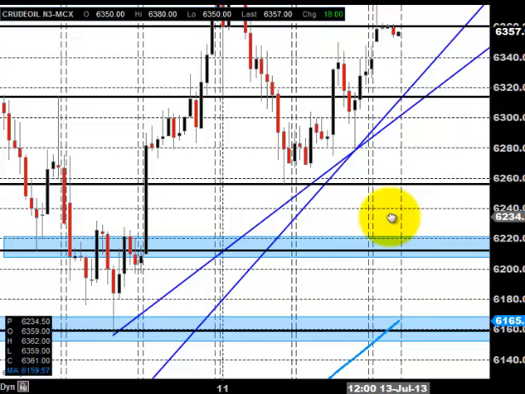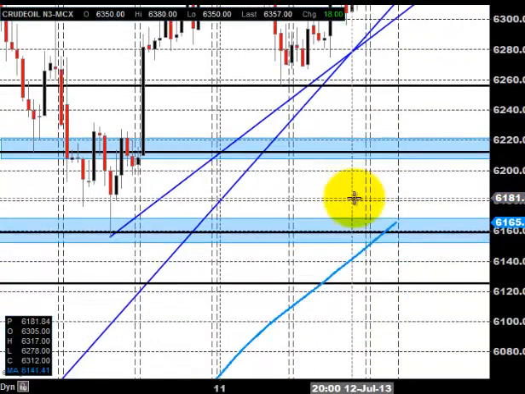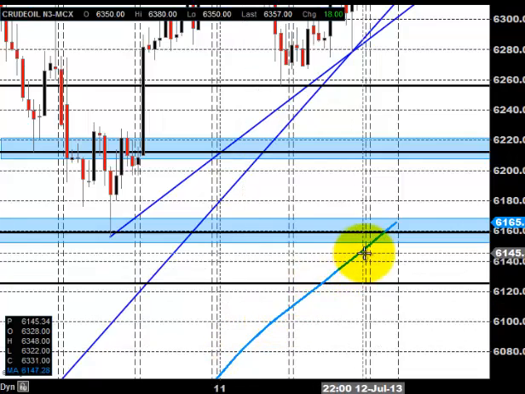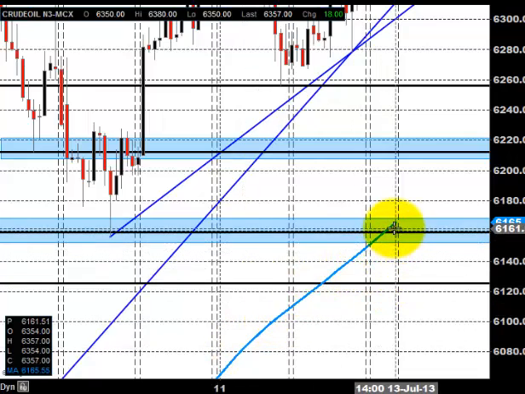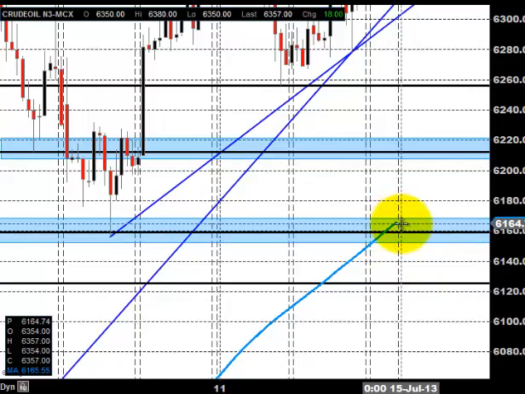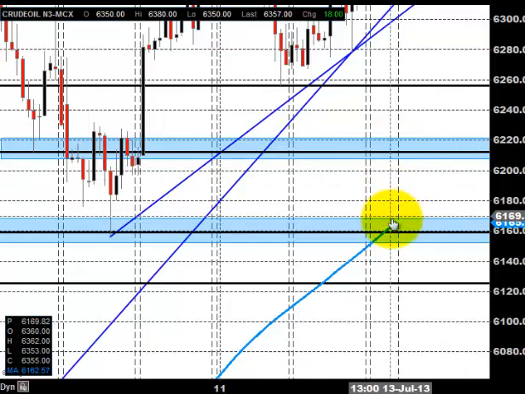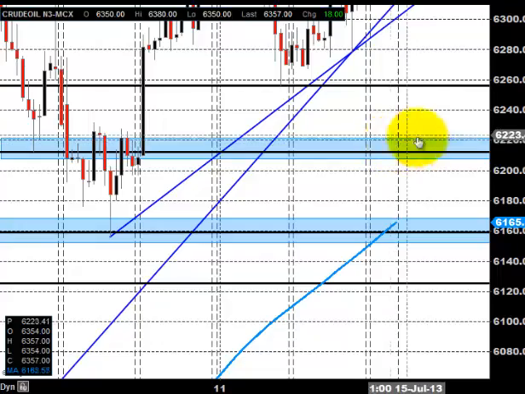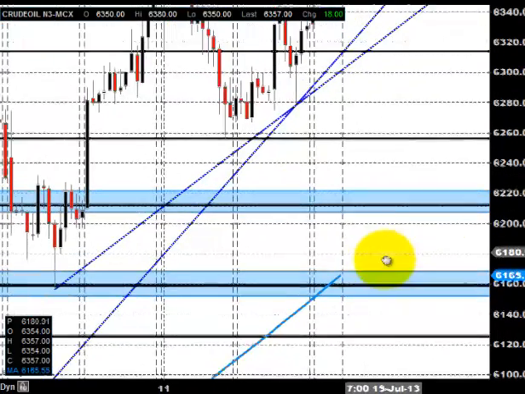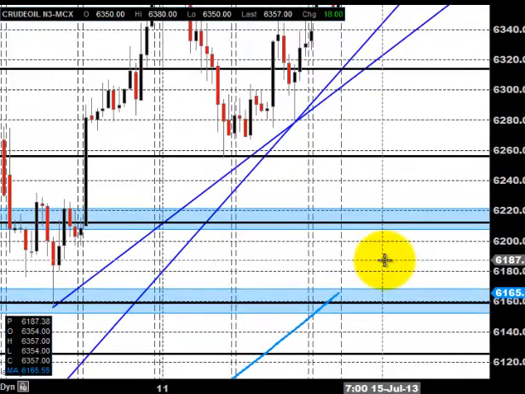What we are also doing is following the average in order to identify it and guide us to take a proper decision. This average has also entered into the zone of 6160, which makes it easier to identify that these two zones, 6160 and 6220, are going to be very potential zones for this coming week.